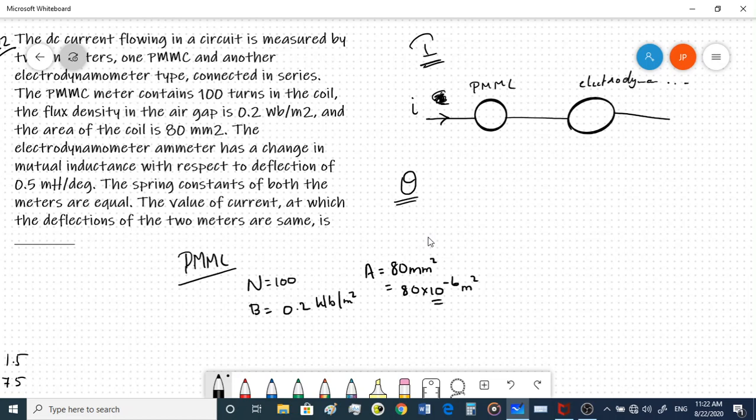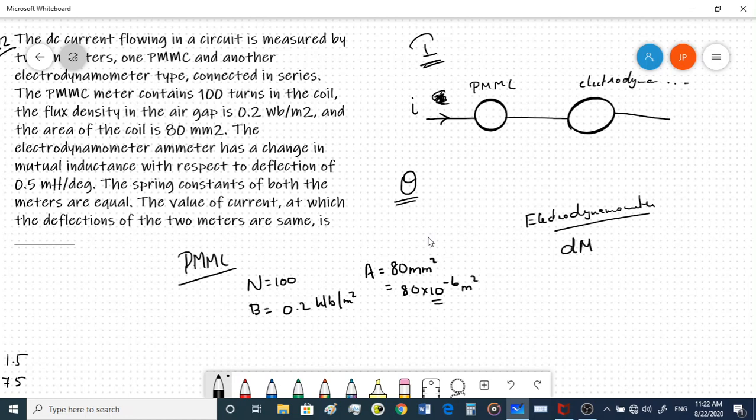And for the electrodynamometer type meter, the values given are the change in mutual inductance with respect to deflection. Change in mutual inductance with respect to deflection, what is that?